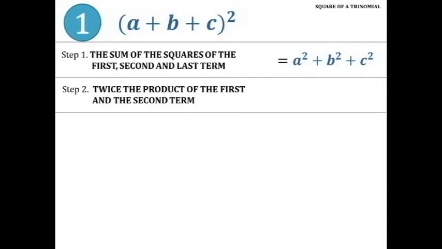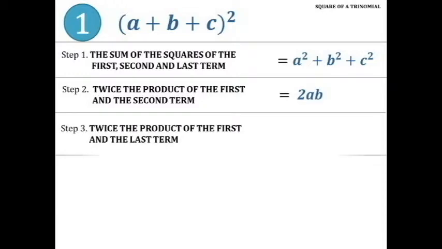The second step is to get twice the product of the first and the second term. So we get 2ab. The third step is we get twice the product of the first and the last term. Since our first term is a and our last term is c, we get 2ac.